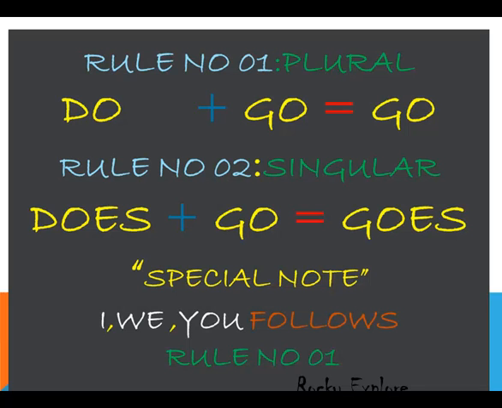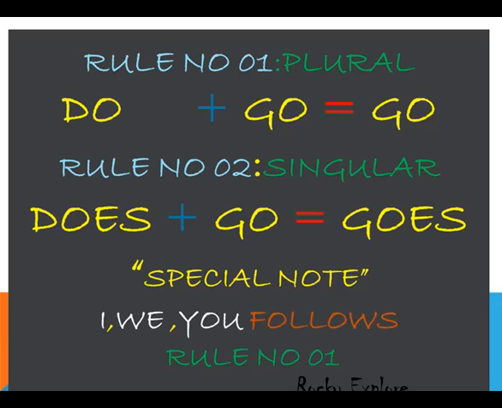The rules of do and does: how they are constructed, what verbs can be formed, and how verbs can be formed with do and does. Rule number 1: it commonly goes with plural, but with exceptions, as I said before. Rule number 1 is do. Using do along with a verb that can stand alone, you can create a verb which stands in contraction, or with joined hands, in a sentence.